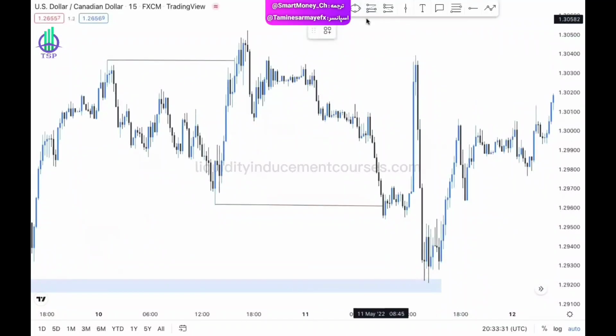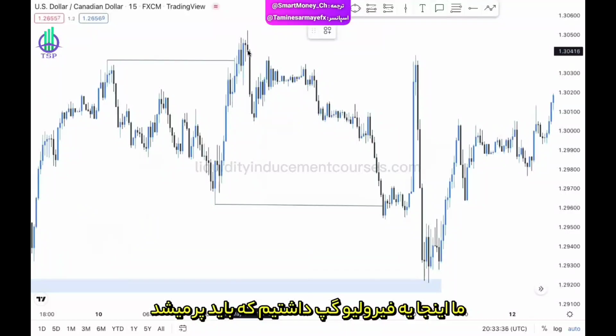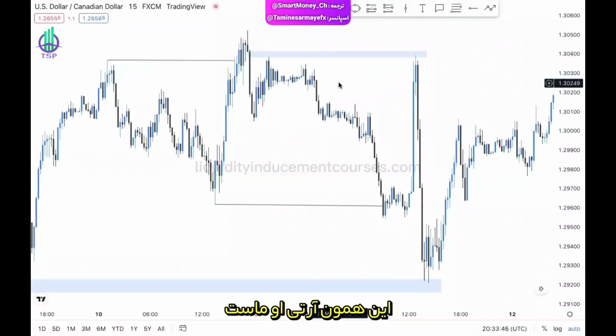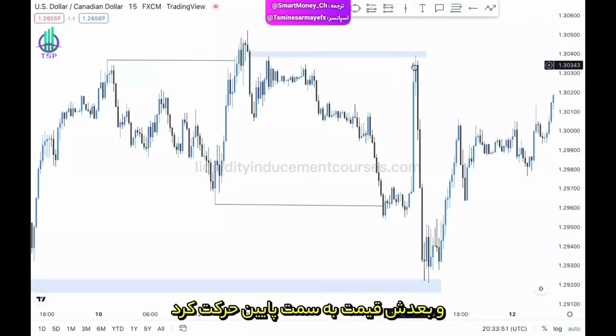We had this fair value gap inside of here that was yet to be filled. Yeah, fair value gap. Right, so that would have served as our RTO.